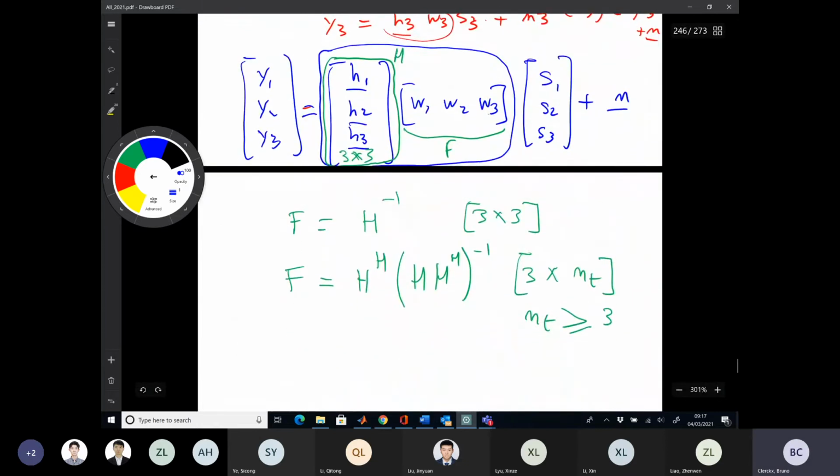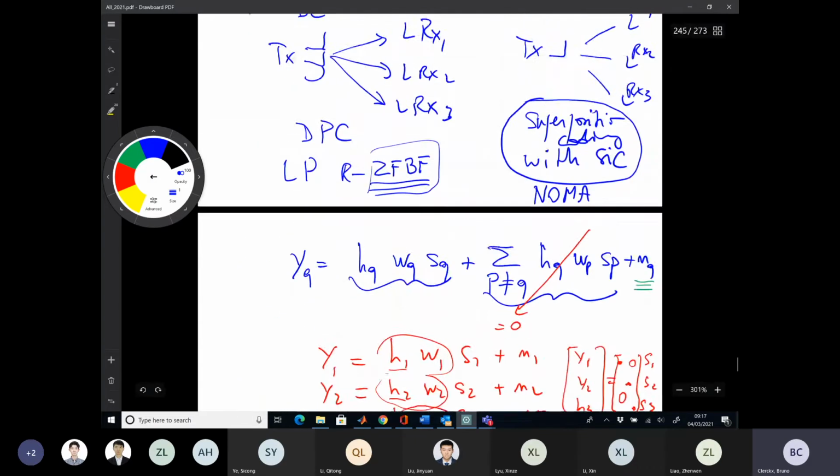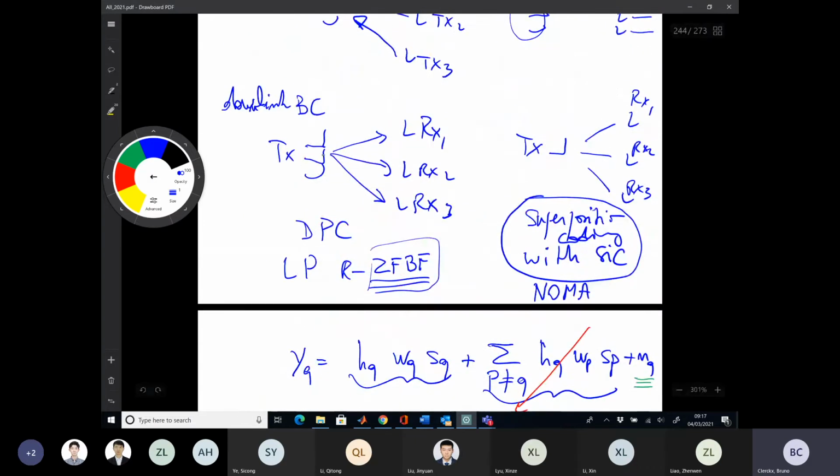Right, so one important thing here, if you want to do this inverse, the number of transmit antennas has to be larger than the number of streams that you want to transmit. Otherwise, you actually cannot force the interference to 0. So if you have, let's say, only 2 antennas, for instance, but you have many more users, more than 2, then you will not have enough antennas to force the interference to 0 at each of those receivers, right?